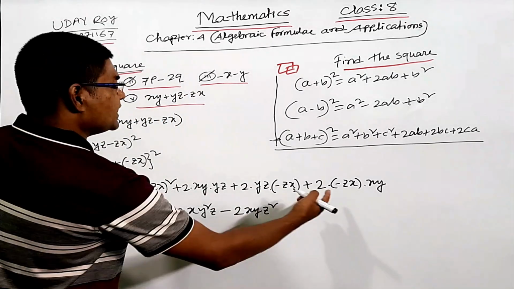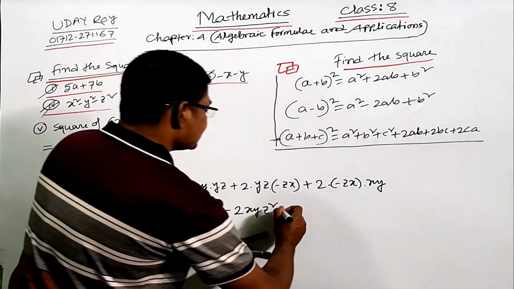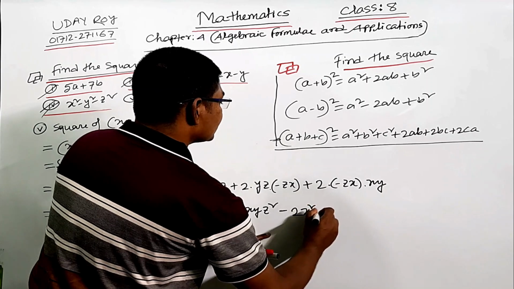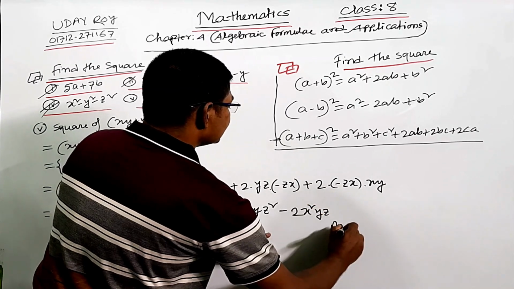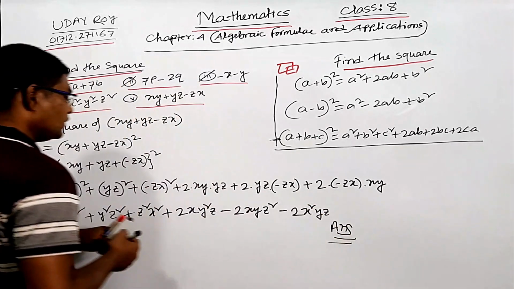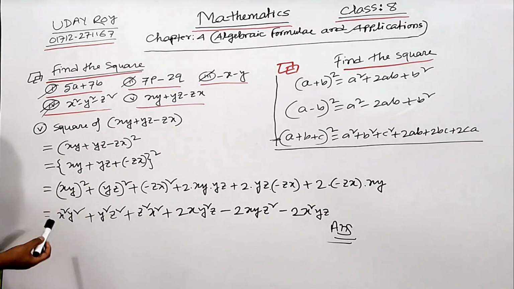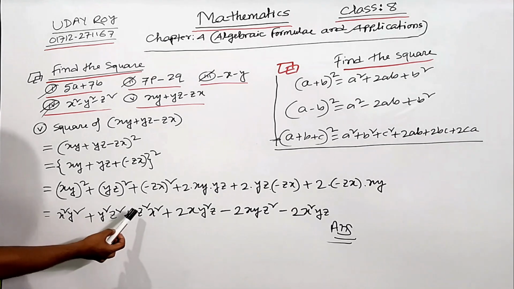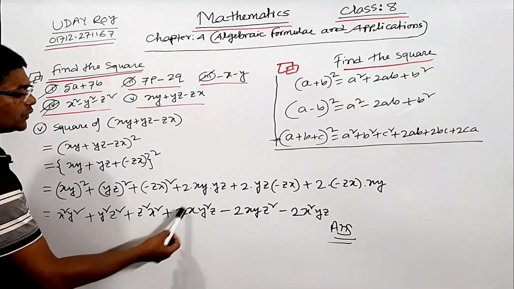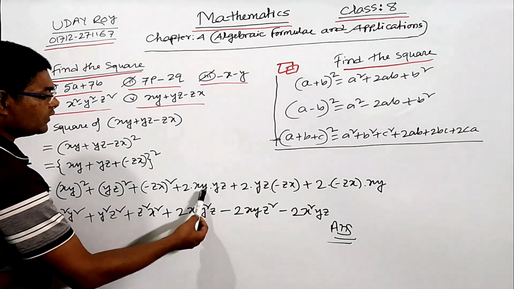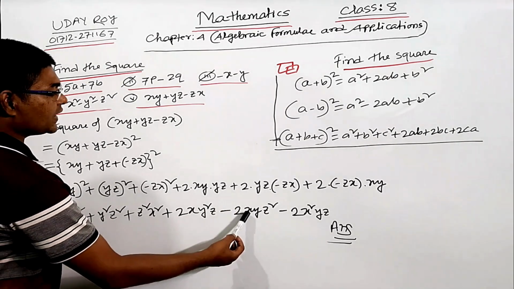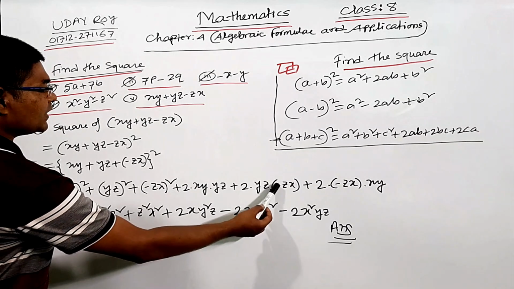Now you can see here, minus into plus, minus 2 into x into x, we have got x square, y and z. So just withdraw the bracket, we have got x square, y square, z square, x square. 2 into here is x, y into y, y square, here is z, minus plus a minus 2xyz square.